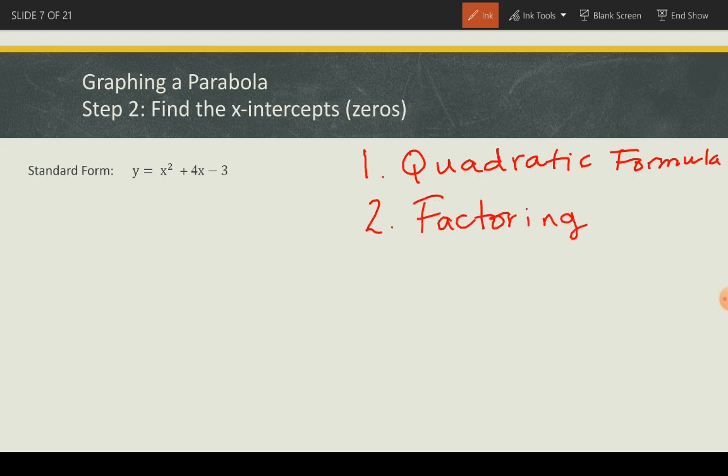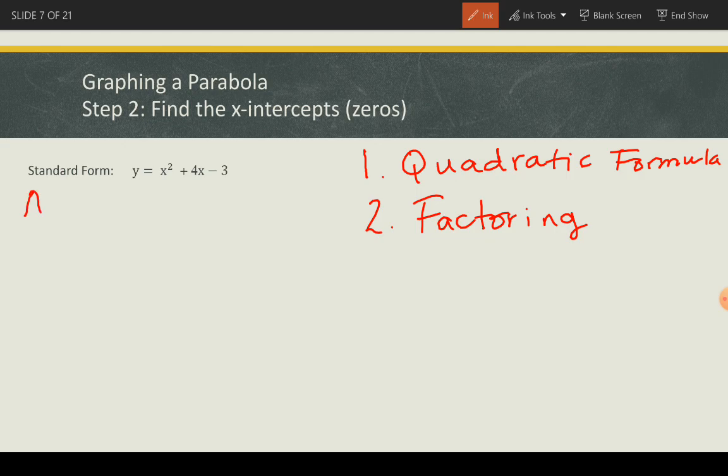I always like to start by finding the zeros by factoring. And if it's not factorable, then I like to go to the quadratic formula. That's my preference. You can start with the quadratic formula if you like. The quadratic formula always works. Okay, so let's start by factoring.